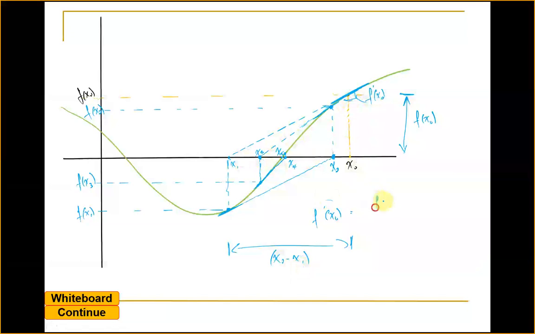Rise is f(x naught) minus 0 over run, which is x naught minus x1. Therefore, solving for x1 is equal to, if you look carefully, let me just take the steps. No, I won't shortcut it.